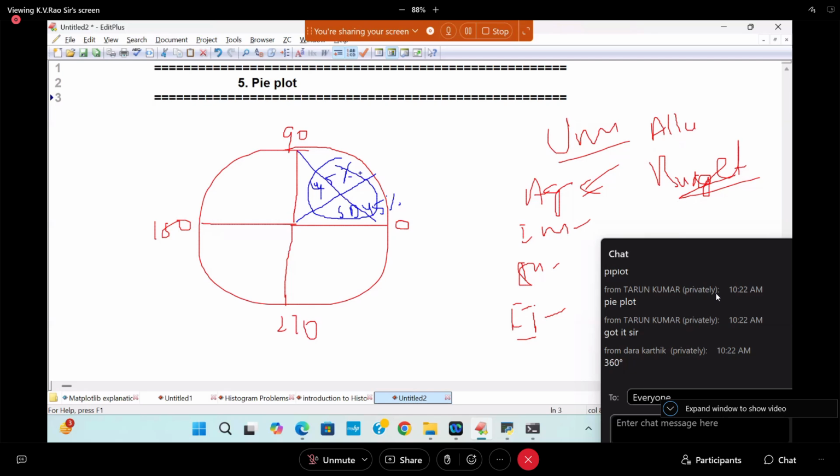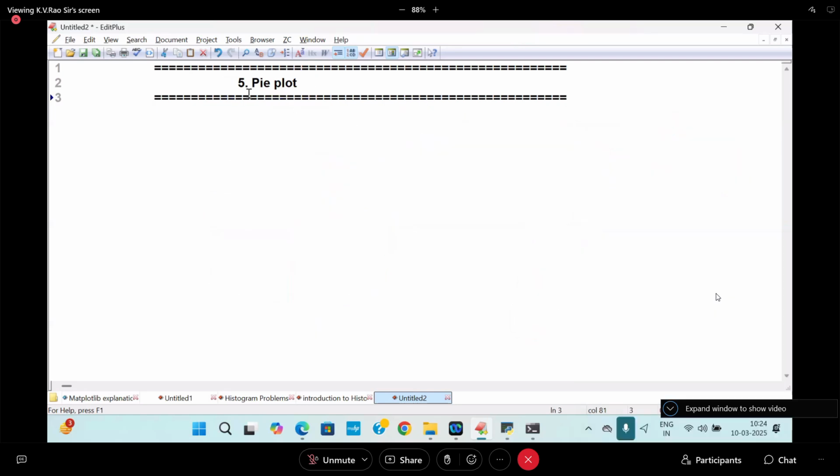So when dealing with a pie plot, you are supposed to understand degrees versus percentage. For that, I am going to take one problem and represent those percentages as well as degrees.